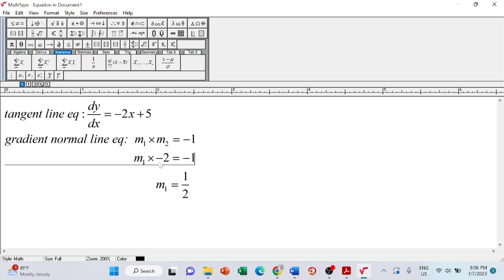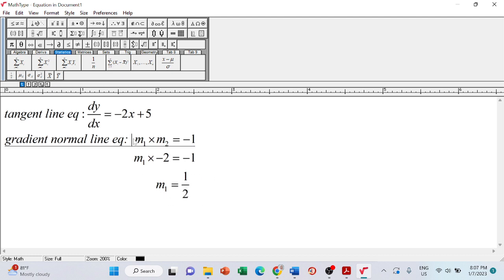Can you see this here? How did madam get half? Yes, madam. Okay. So that means if your tangent line gradient is, let's say, 4, then your gradient for the normal line is negative 1/4.